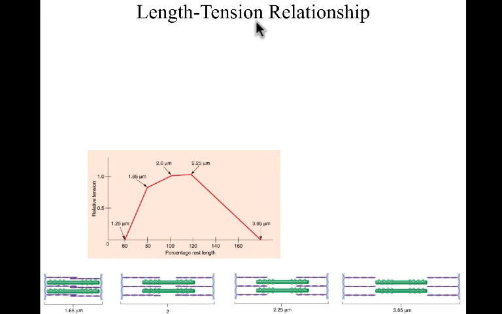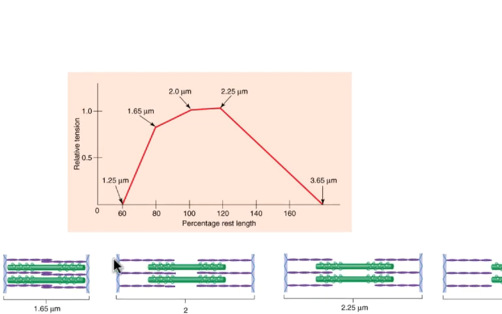Let's talk about the length-tension relationship. What does that mean? Let's say this is the sarcomere when the muscle is relaxed. The length of the sarcomere in every muscle that we have is relatively fixed. The length of the sarcomere in our muscles, I'm talking about the skeletal muscle, is somewhere between 2 to 2.5 micrometer.